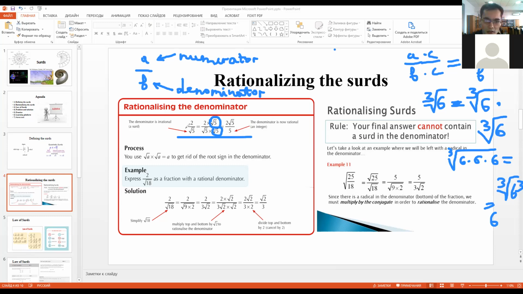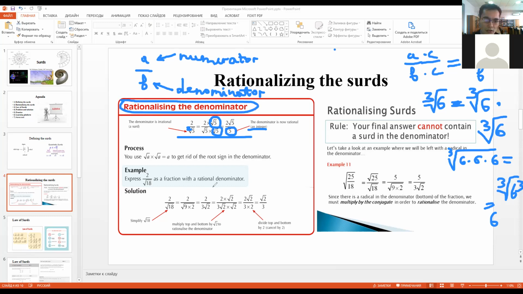I am multiplying, the degree of the surd is equal to 2. This is a quadratic surd. And I'm multiplying the same surd to the denominator so that I can get a real number. Okay, this is an integer. You understand? This operation is called rationalizing the denominator.